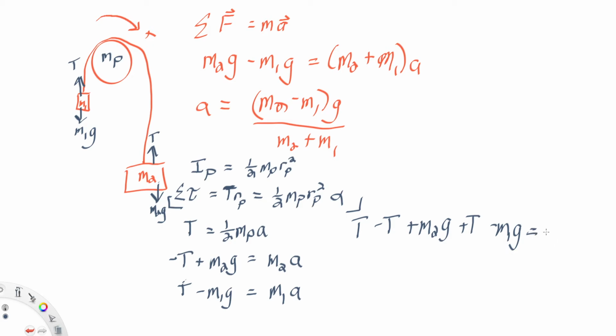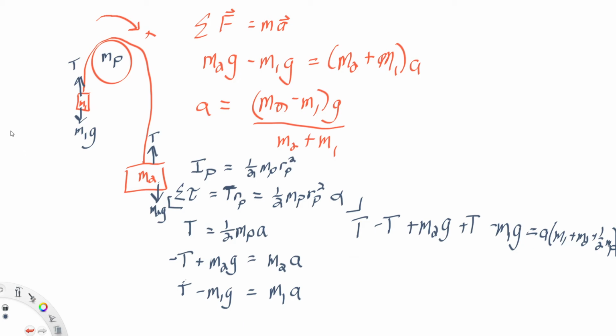equals, on the other hand, every term has an A in it. Factor that out. Get M1 plus M2 plus 1/2 mass of the pulley. Not too deep.